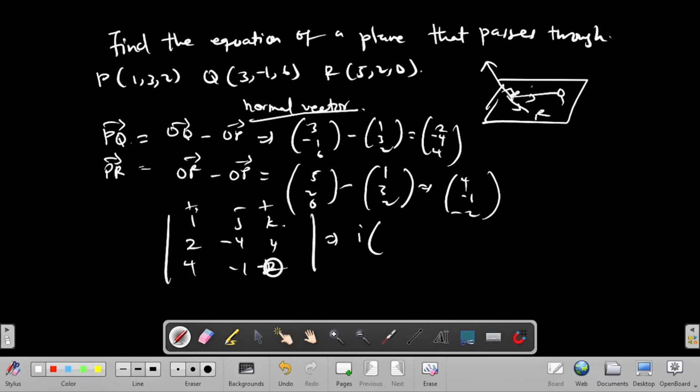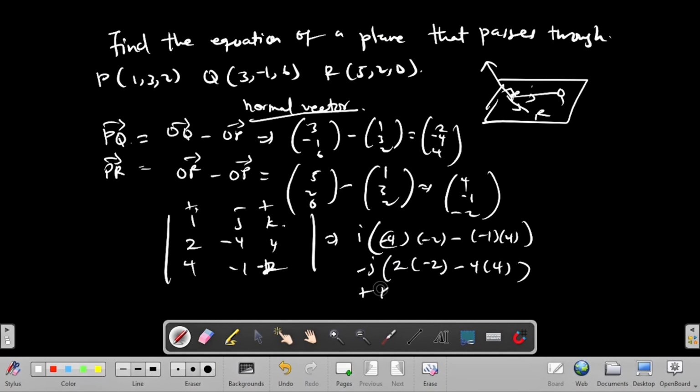I'll have -4 times -2 minus (-1) times 4. That's i. Minus j multiplying, this will nullify, 2 times -2 minus 4 times 4, plus k multiplying, everything here will go, 2 times -1 minus 4 times -4.